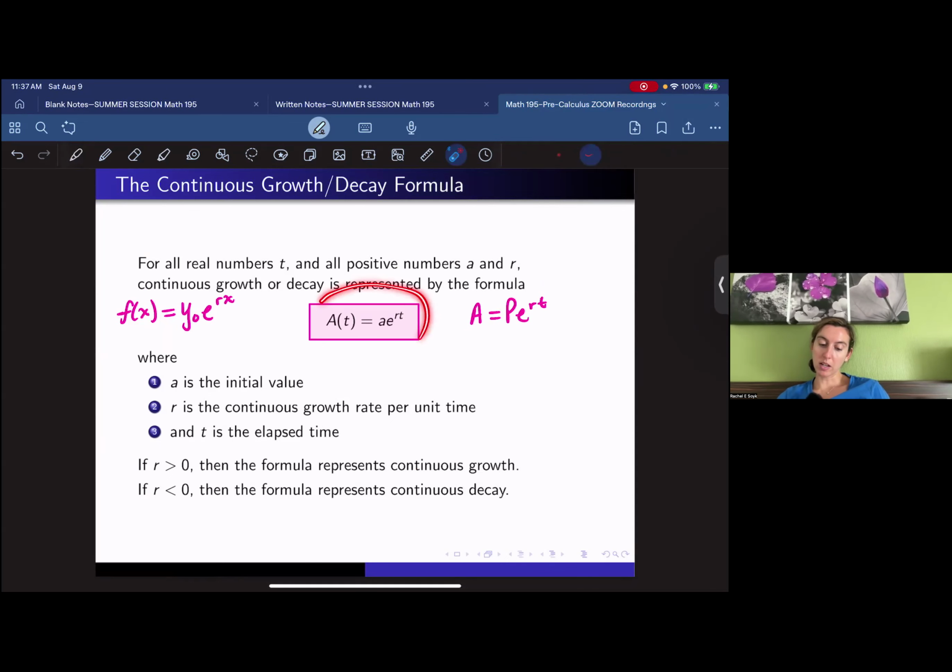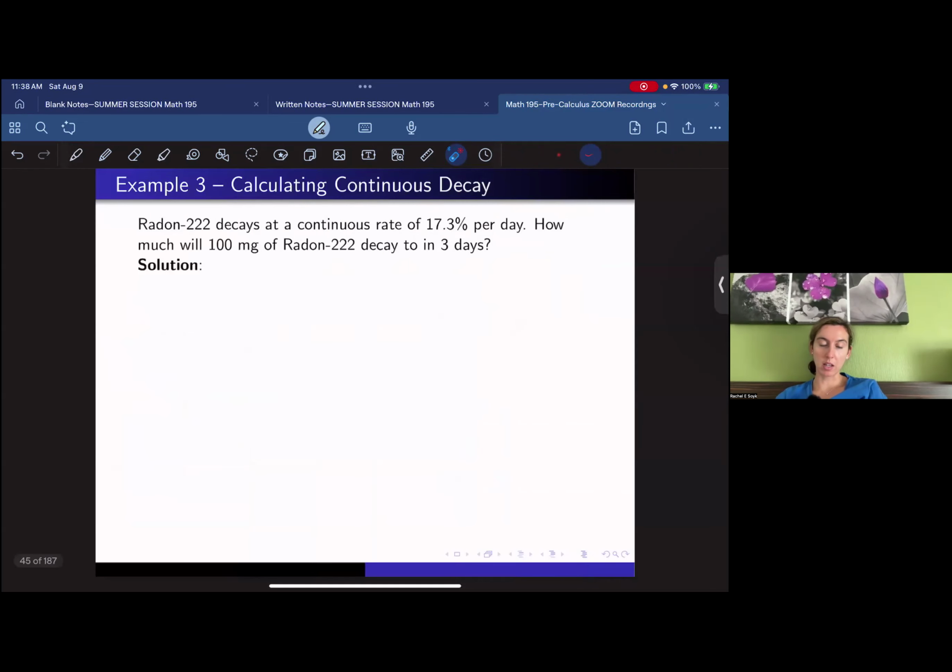But we have it here as A of t equals A e to the rt. And again, A is our initial value, r is that continuous growth rate, t is the time. And so we'll really put this into use in the example on this next slide.